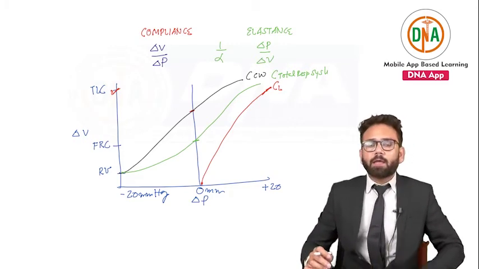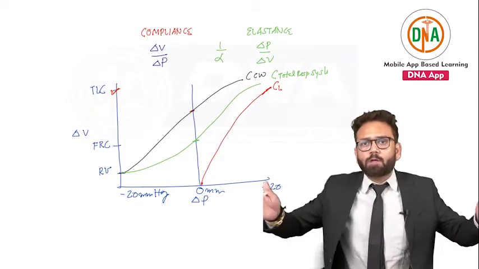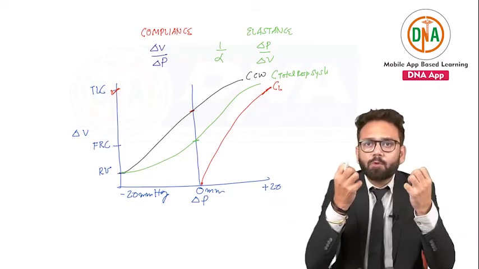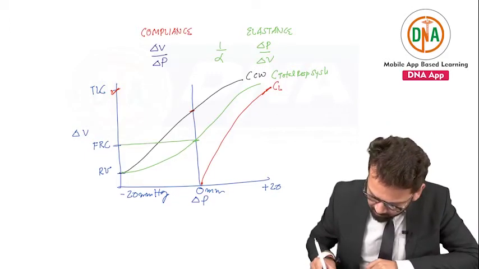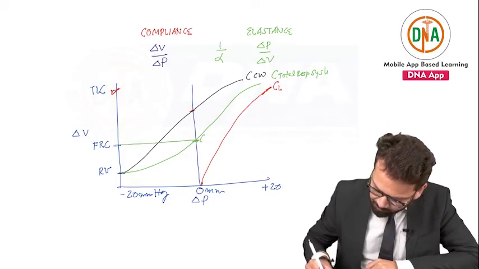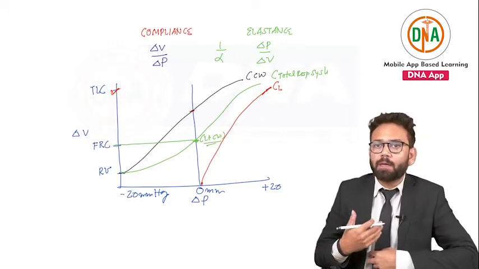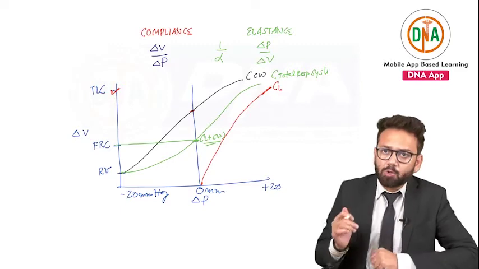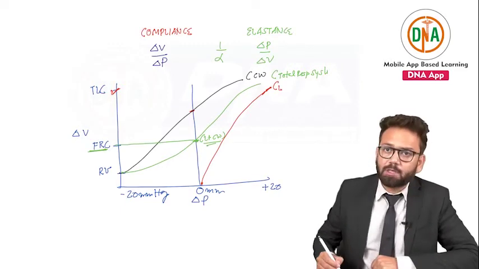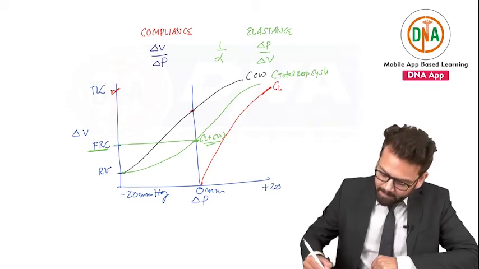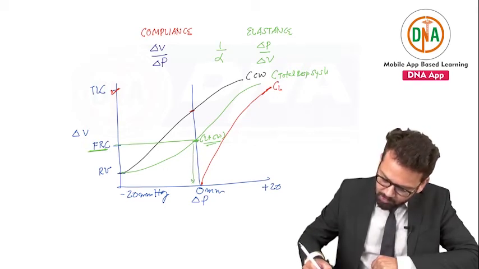So again, if we put lung and thorax separately, the lung will collapse and the thorax will expand. This is the normal functional residual capacity when lung is along with chest wall in living condition. If we put the lung separately, it will decrease to 0.